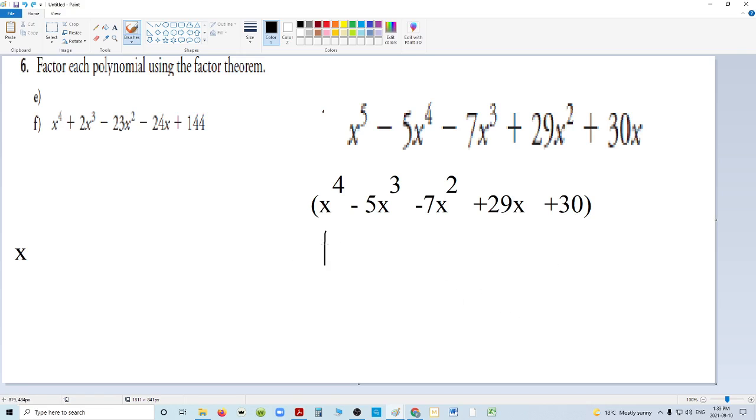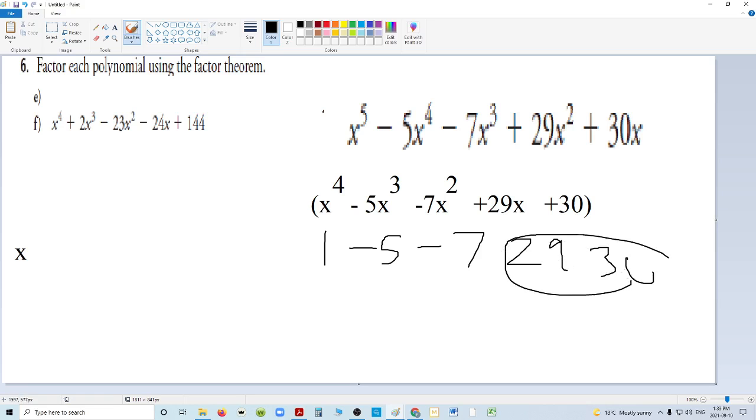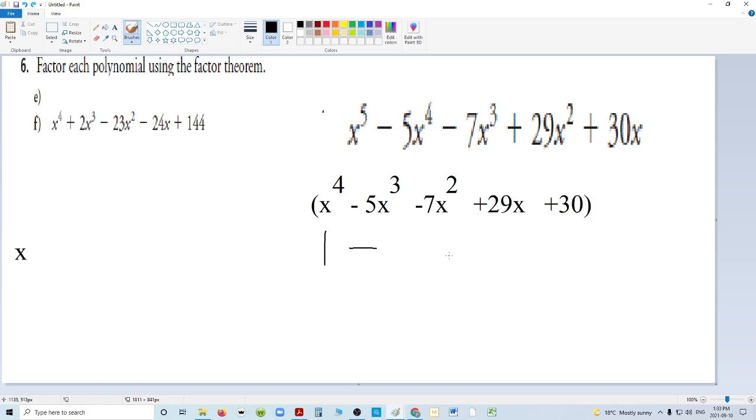So I'm just going to check for 1, even though I know 1's not going to work. Plus 29 plus 30. Right there, that's 59. There's no way that negates the 59. And I should check the minus 1 just again to make sure I didn't make an error. So that's plus 5. I might have put it as minus 5. Yes, look at that. Why is that plus 5?